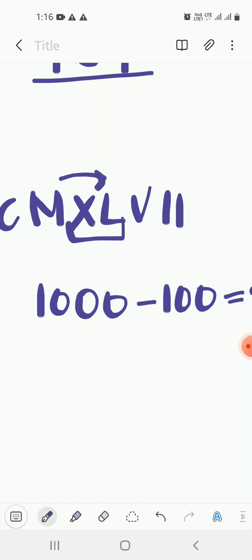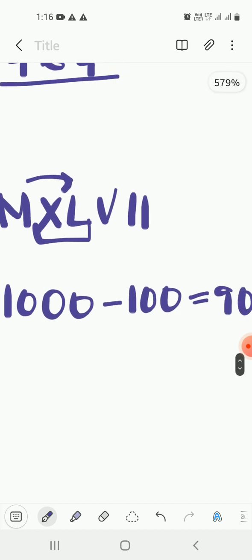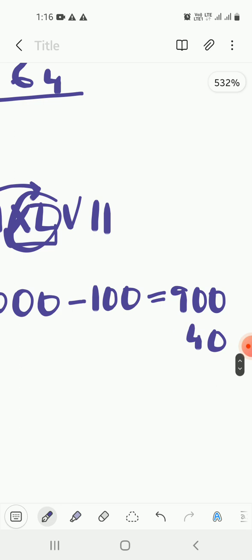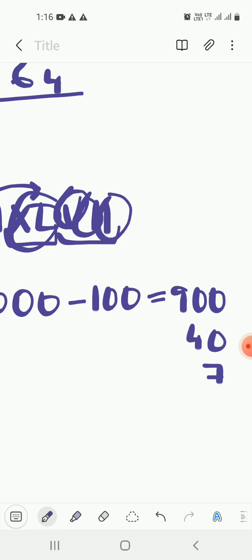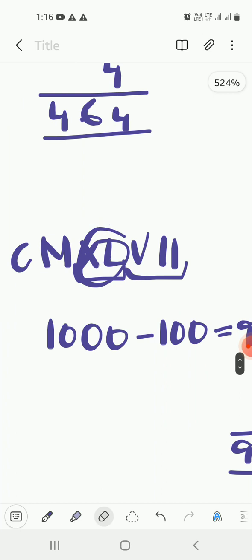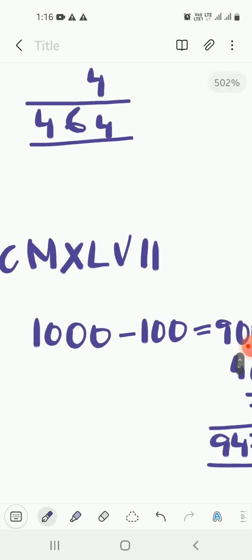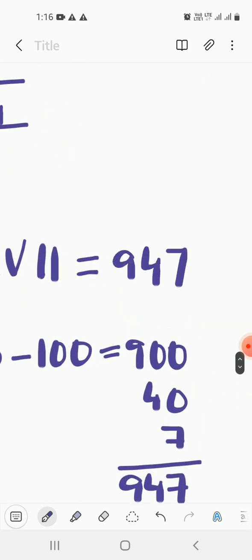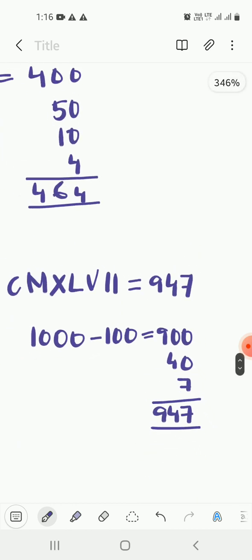So you can see XL means 40, L is 50, and to the left of L it is X, so it's 40. Then we have got VII, which means 7. V is 5, I is 1 and 1. So we've got 7. Add it, it is 947. So basically, this symbol that we have written, CMXLVII, it means 947 in Hindu Arabic.